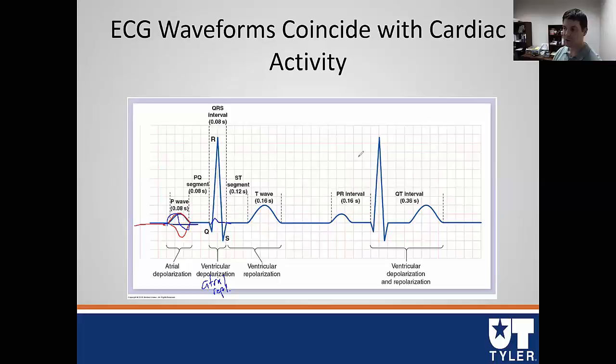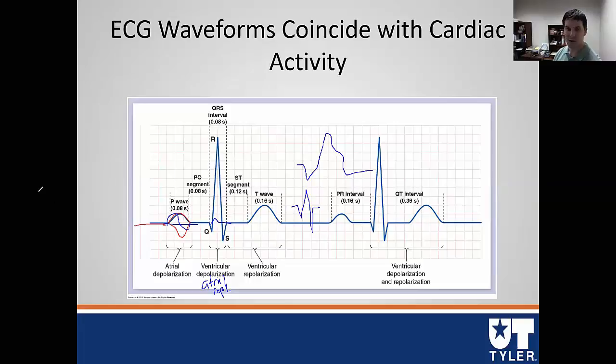So again, if we think about other things that could go wrong, if we had a QRS complex that looked like this, as opposed to the nice tight one, that's not the best drawing there, but you can imagine if we get some wide, then we're thinking, okay, maybe something is happening in the ventricles.